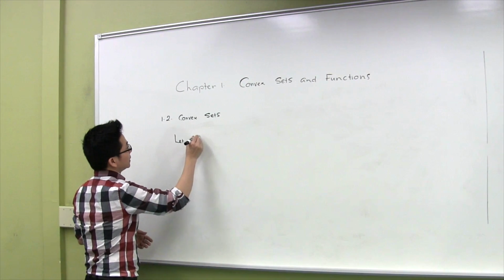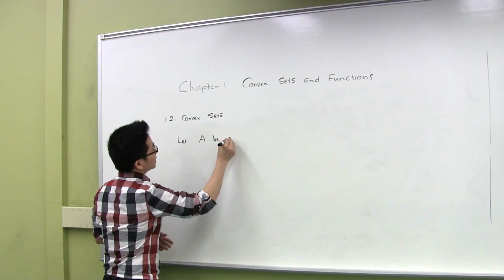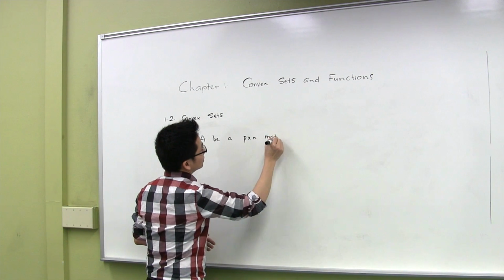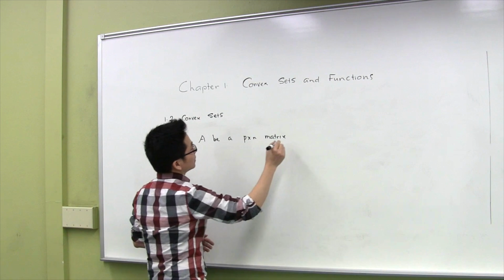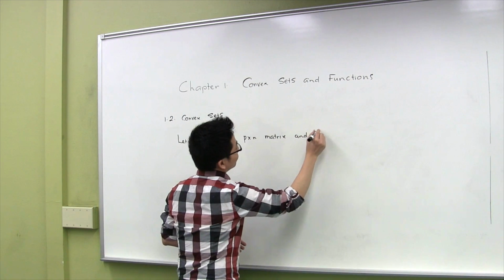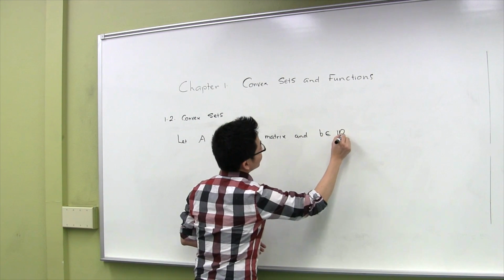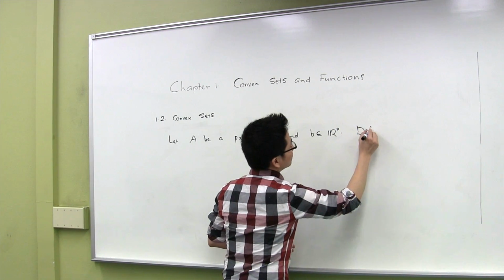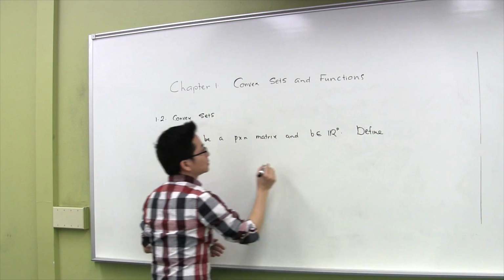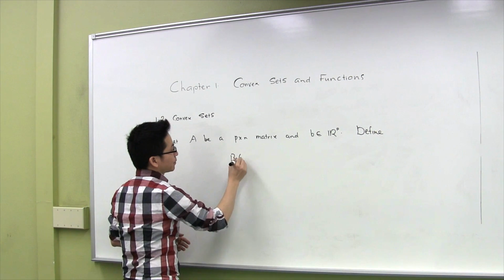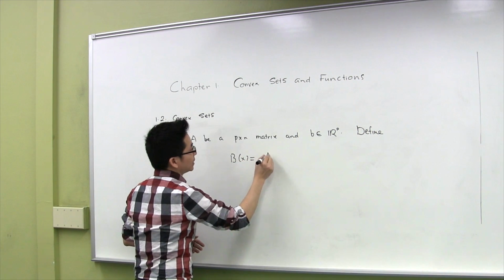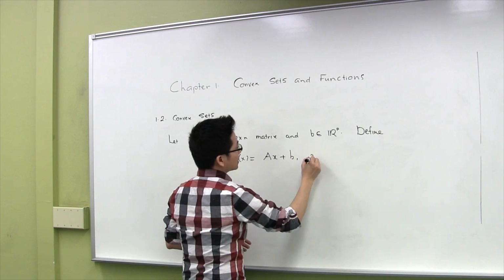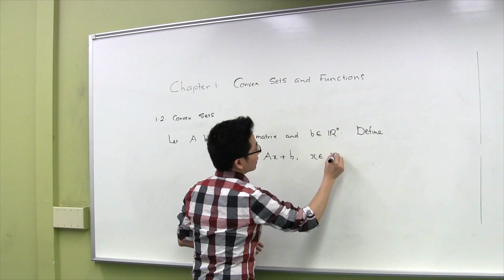Let A be a p by n matrix, and let b be an element of R^p. We define the following function: B(x) is equal to A times x plus b, where x is any element of R^n.